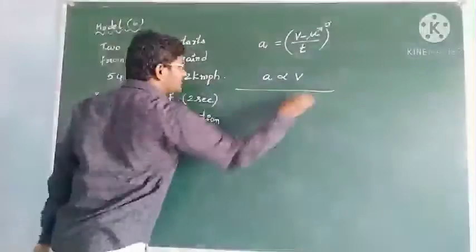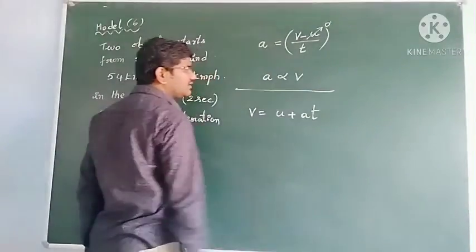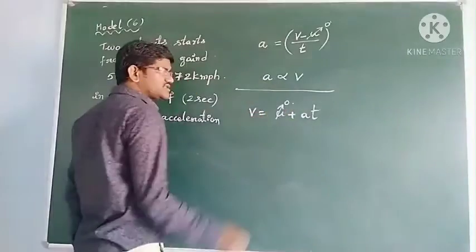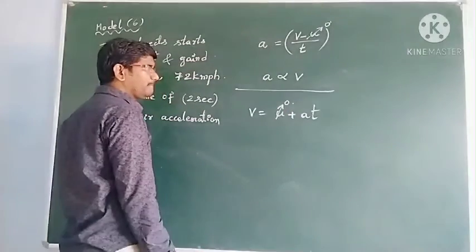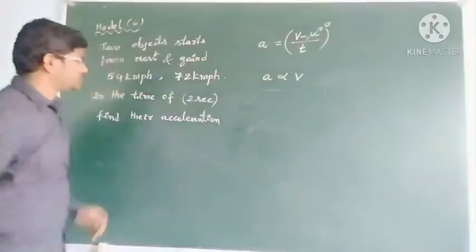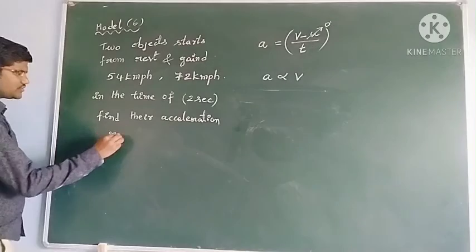See students, you can also take the equation v is equal to u plus at. Both start from rest, so u is 0. You take acceleration as the subject because we want ratios now. They are asking for their acceleration ratios.